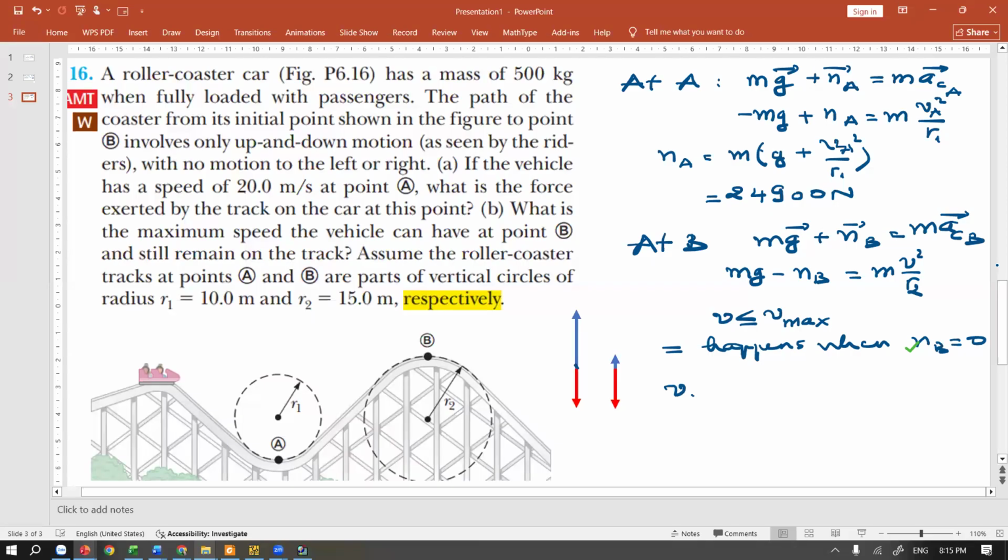So v max will be the square root of R g. Substitute the numerical value into that, you have 15 meter multiplied with 9.8. What do you get here?